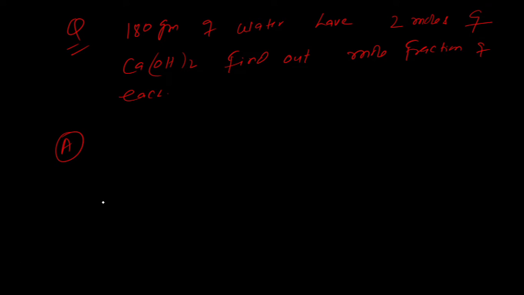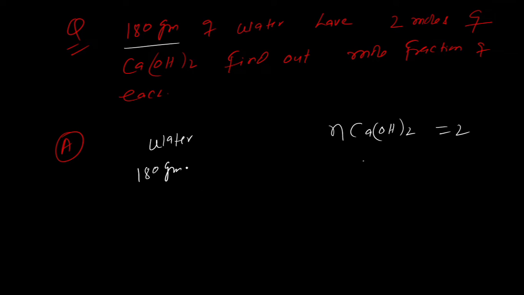First, you write the values given. For water, they have given the mass as 180 gram, and for the calcium hydroxide, they have already given the number of moles, which is 2. Since they have only given the mass of the water, you also have to find the number of moles of water.